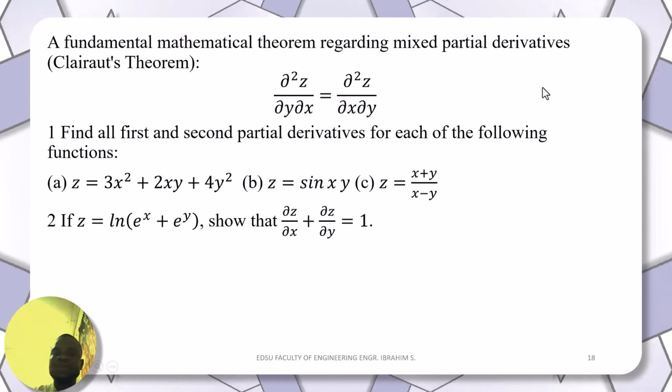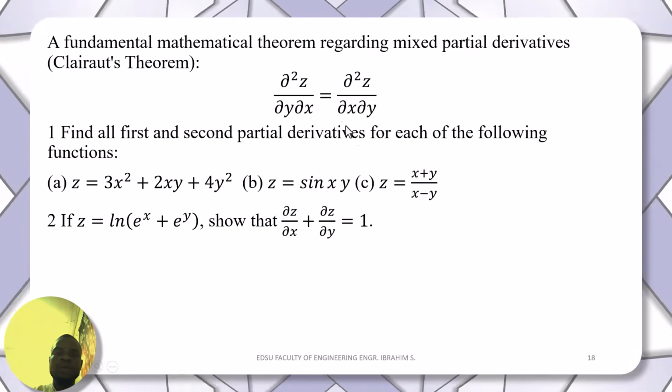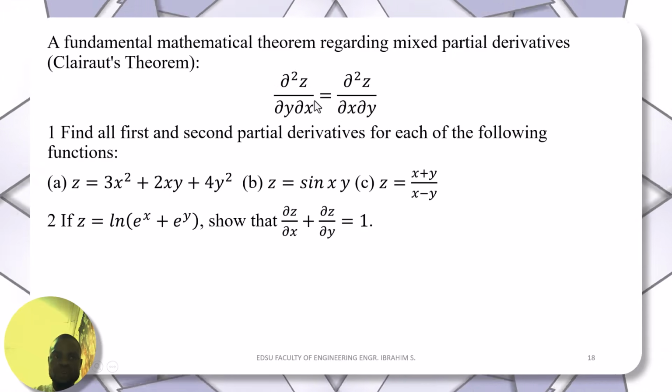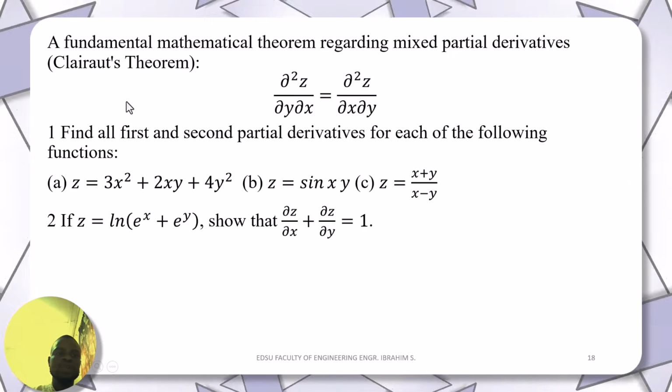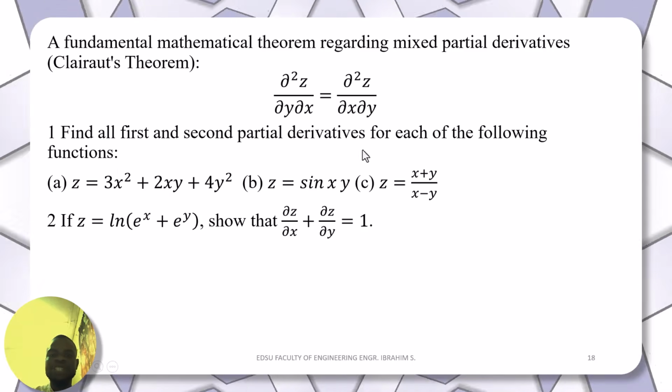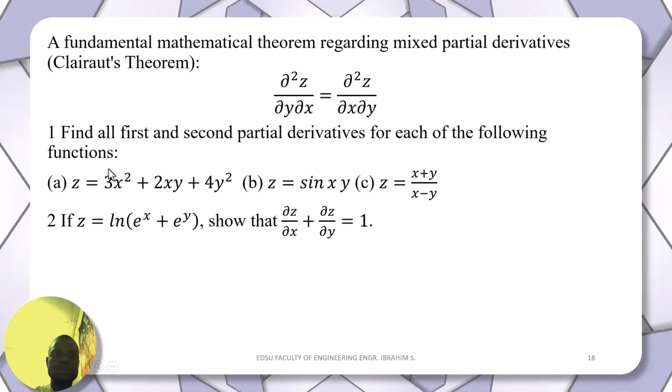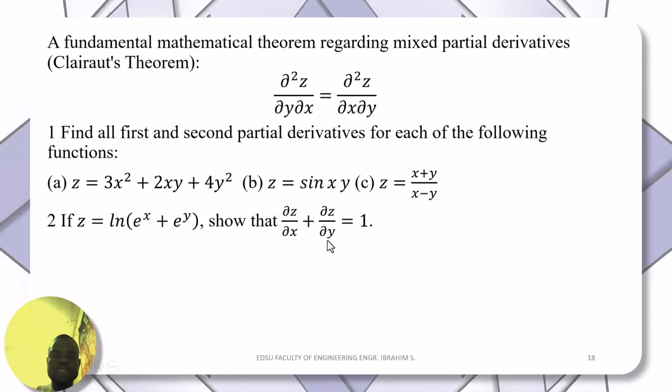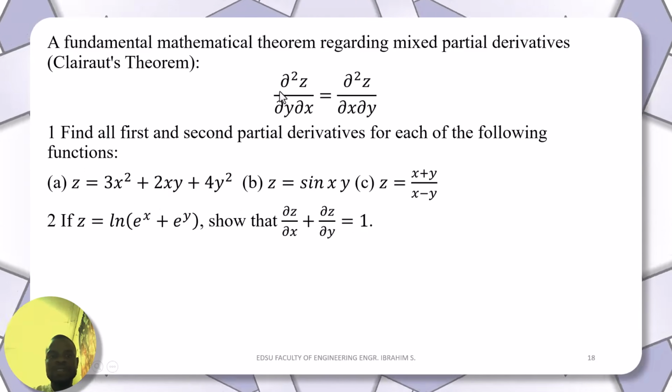It's supposed to give you the same thing. This is called Clairaut's theorem. So find all first and second order partial derivatives for each of the following equations, and check if they satisfy this theorem.